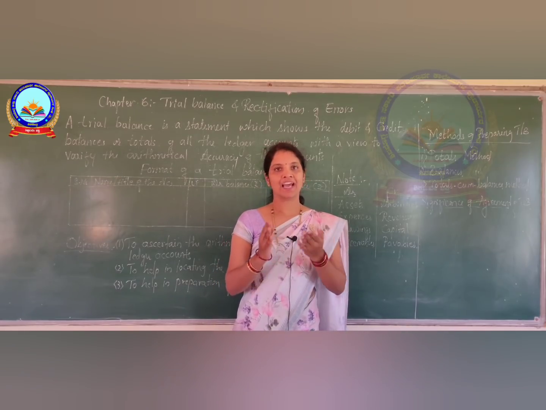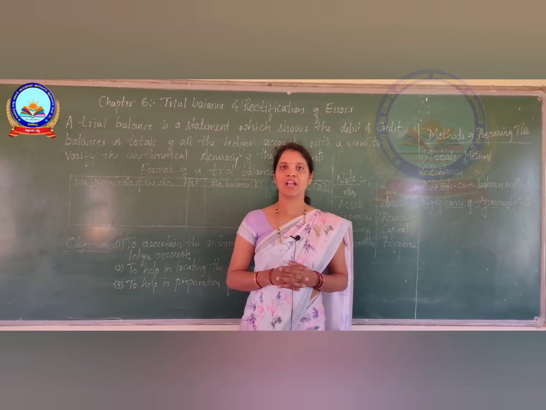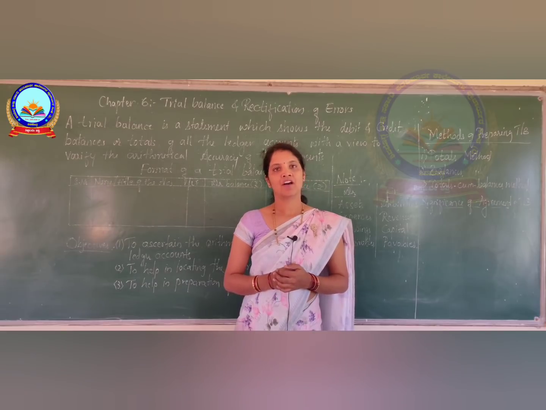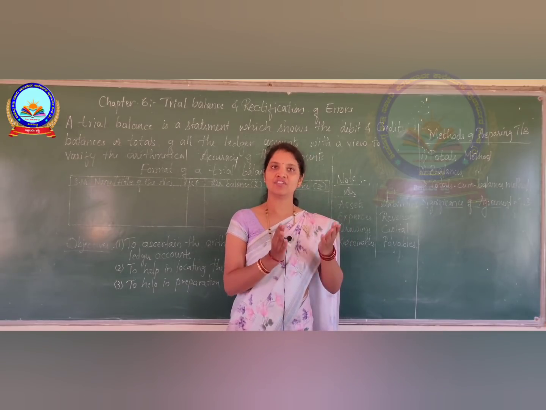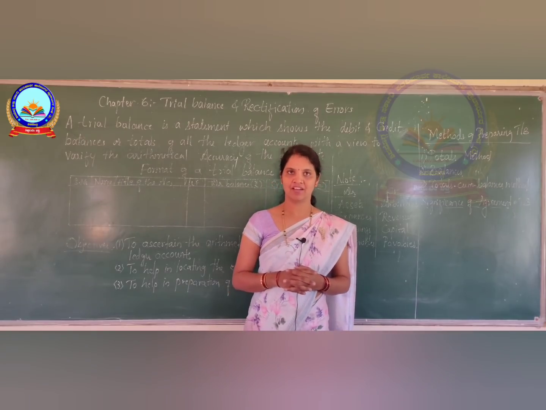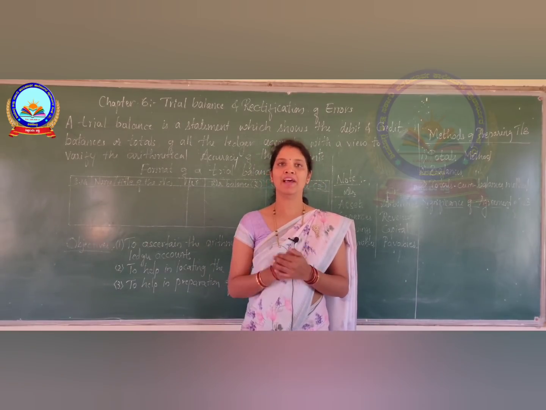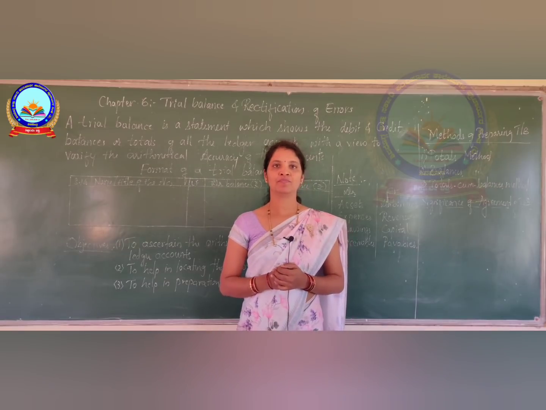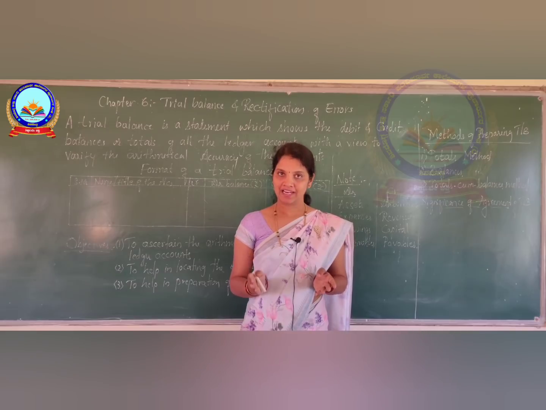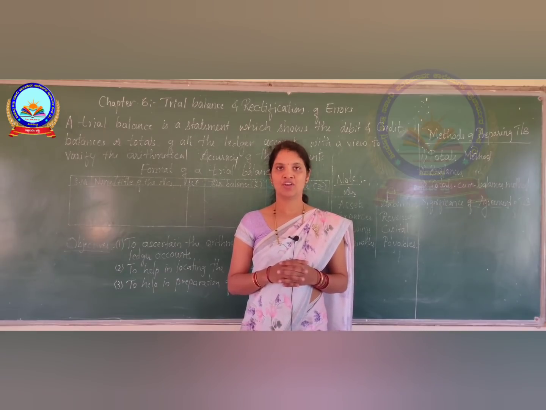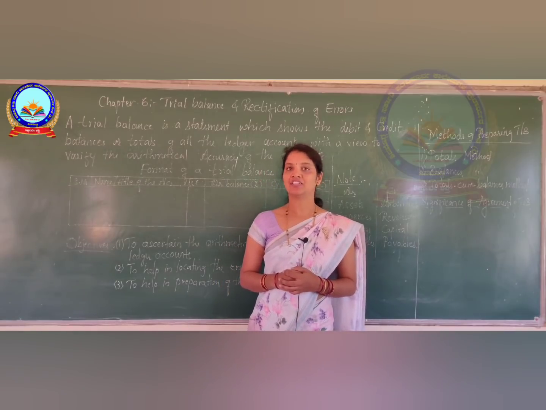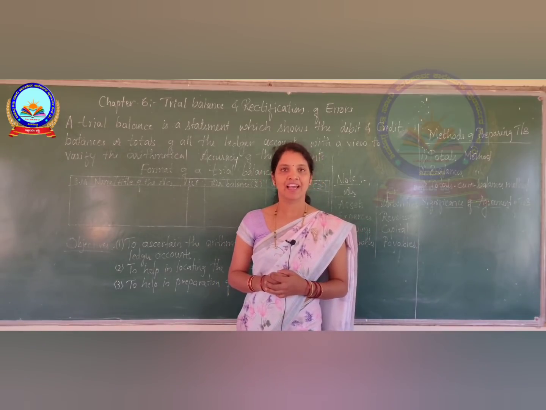Those debit and credit balances are shown in the trial balance, or sometimes the totals of the debit and the credit are also taken. That is why a trial balance is a statement which shows all the debit and credit balances or totals of all the ledger accounts with a view to verify the arithmetical accuracy of the accounts.